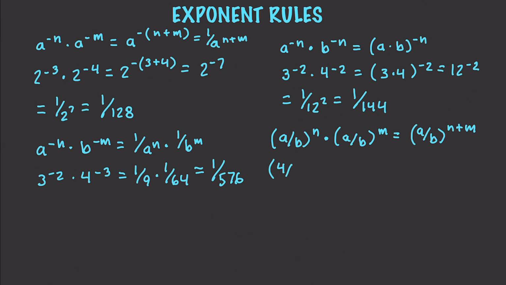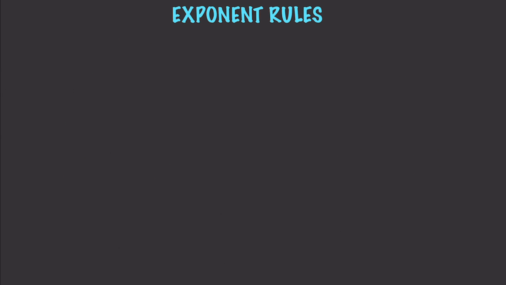Let's see another example. 4 over 3 to the first times 4 over 3 squared is equal to 4 over 3, and we add the exponents, which ends up being equal to 4 over 3 with a 5 exponent. All right? And you can work that one out as well.